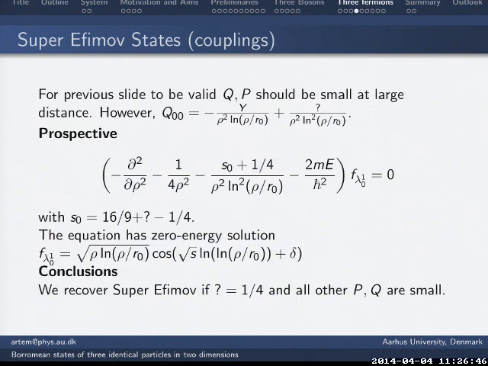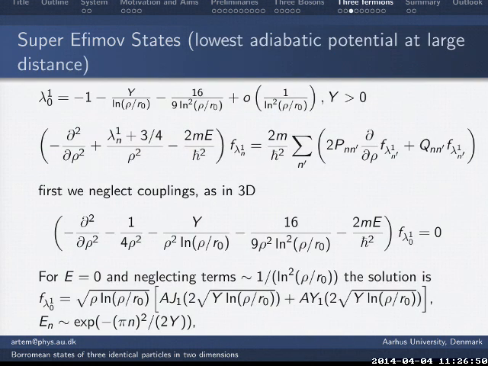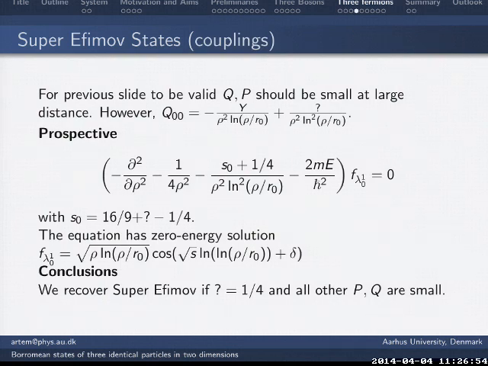Okay, what is going wrong? So we got some scaling, which is not the same as in the super Efimov scenario. For the previous slides to be valid, Q and P should be small at large distance. However, when you actually calculate them, they're the same. So the leading order is the same, and it comes with the same number as lambda.